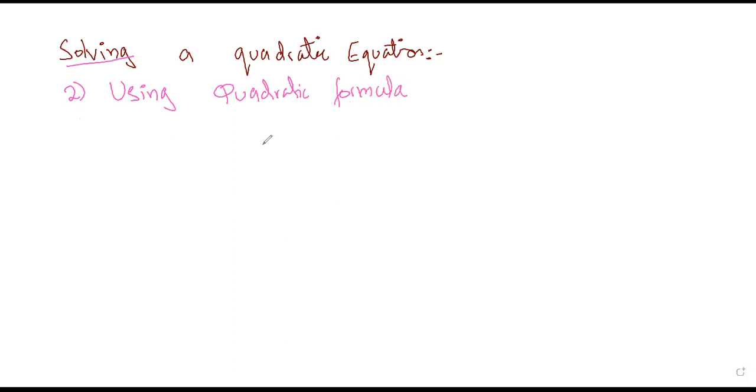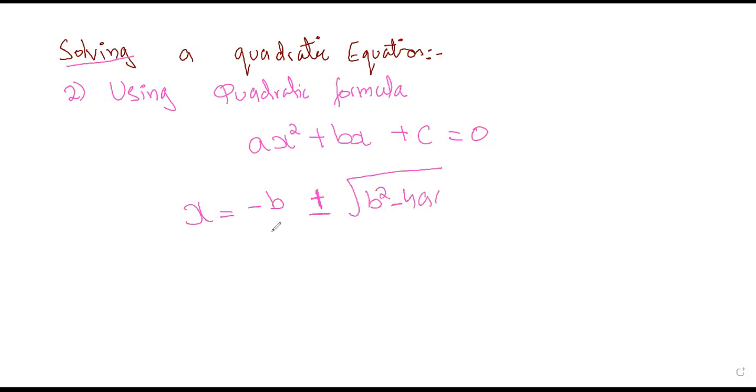The general form of any quadratic equation is ax squared plus bx plus c equal to 0, and the quadratic formula is x equals minus b plus minus under root b squared minus 4ac over 2a.